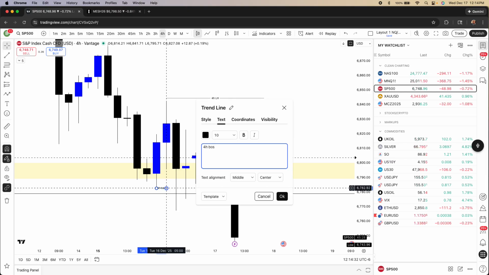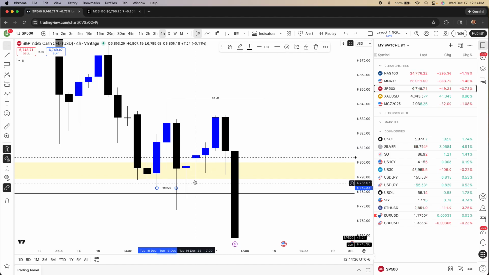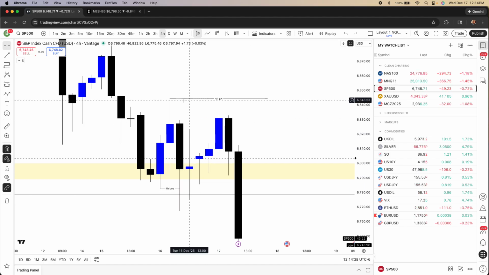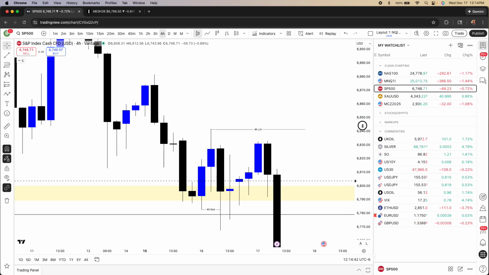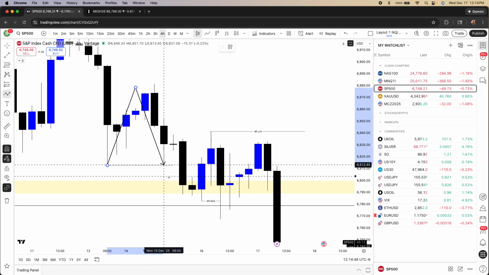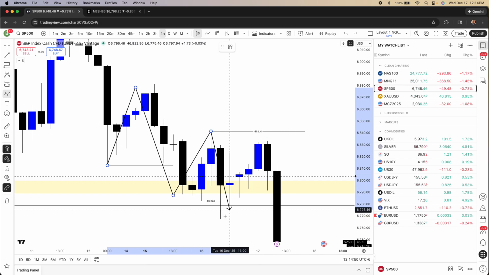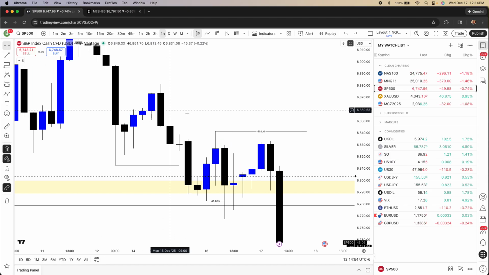I call it a structure break, but people like to say that this is technically not a break, which in a way it's not, but I count wicks as breaks. You don't have to. You can count candle body closes, such as this one below the lows right here, as a technical break of structure, and this maybe not. So it all depends on you and your preferences.